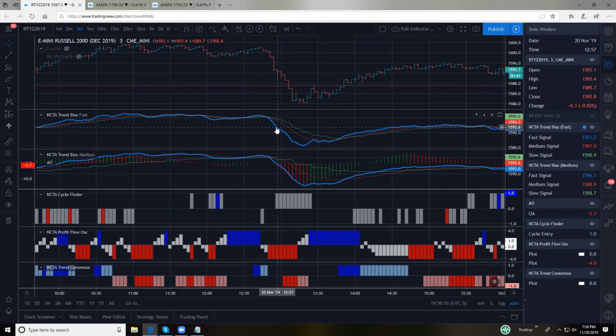But I want to be in the market for the shortest amount of time possible, take my profit, and then step back and wait and reassess the market analytics and decide when is the next best time for me to get into the market. So I'm not going to give you a whole bunch of numbers here because the only numbers that really matter are what you're able to produce yourself.